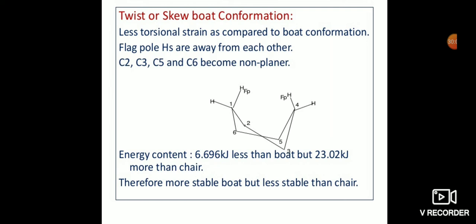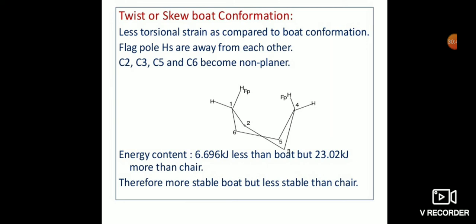In twisted boat conformation, we can see the flagpole interaction is less than that of boat conformation. The boat conformation has nearer flagpole hydrogens, but in this twisted boat conformation the flagpole hydrogens are away from each other.